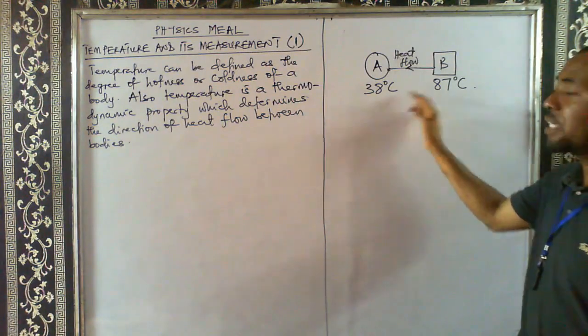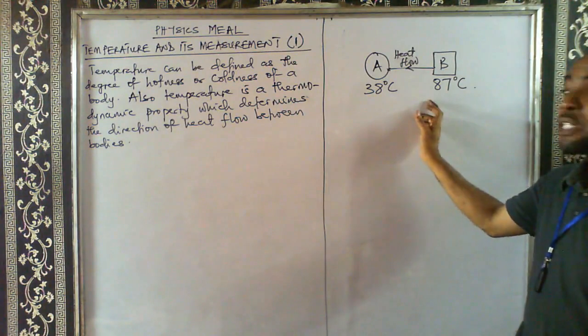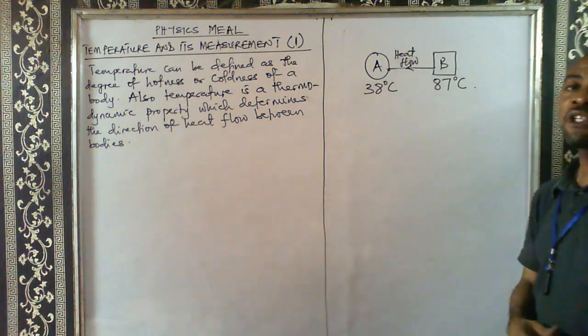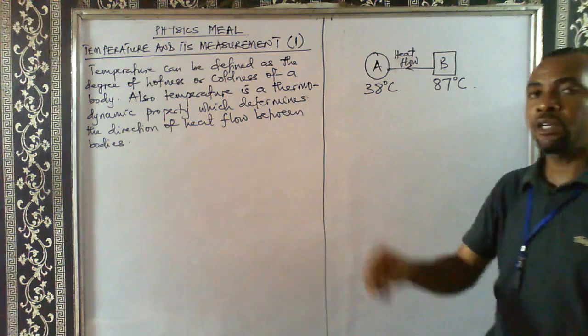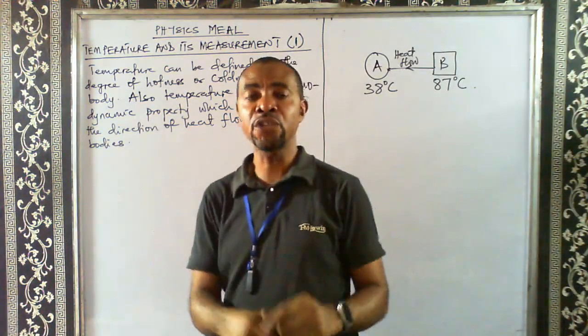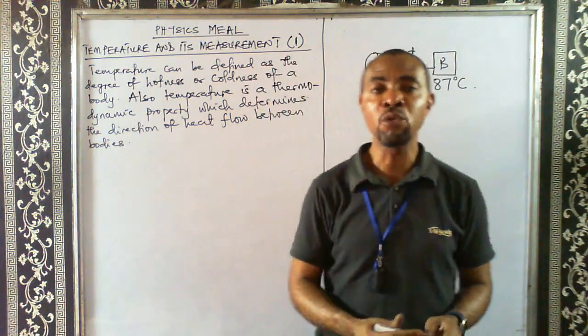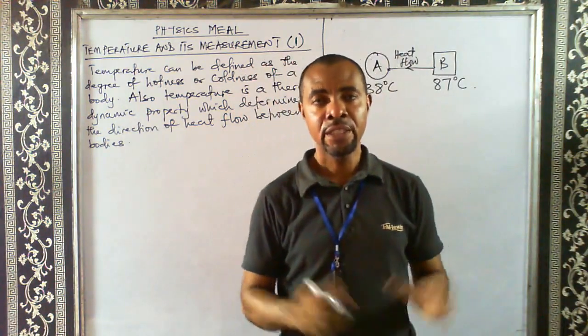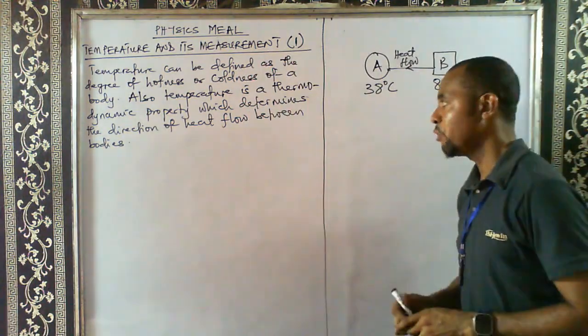So once we know the temperatures of two bodies, we can actually know the direction of heat flow. And that's why we say that temperature is the thermodynamic property that will always show us the direction of heat flow.